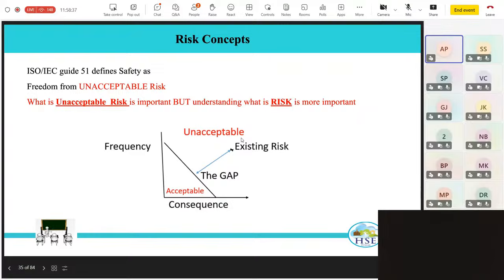First thing is, I am talking about functional safety, but this word is not very commonly heard.